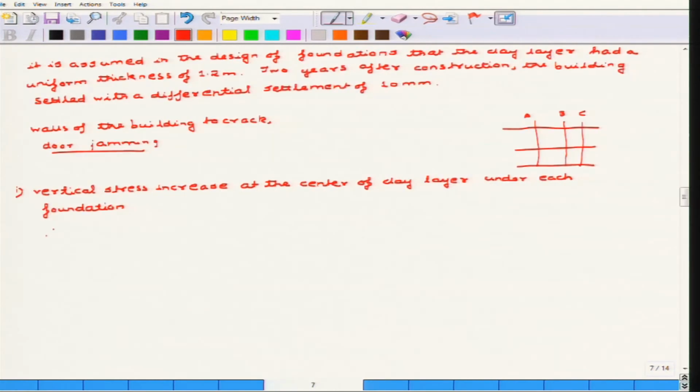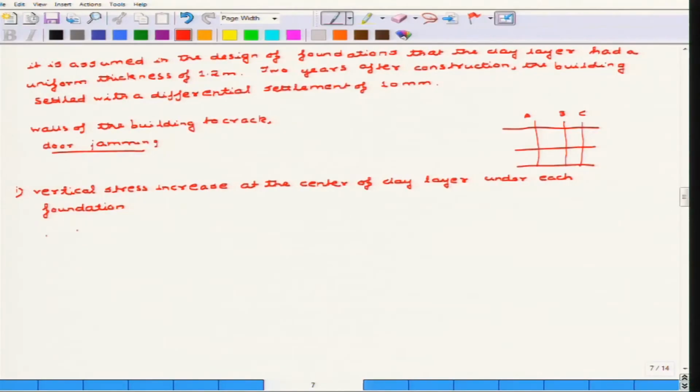Now a general formula that will be discussed in the subsequent lectures is the effect of stress on soil, the Boussinesq method. Let me discuss just a little bit of it here.